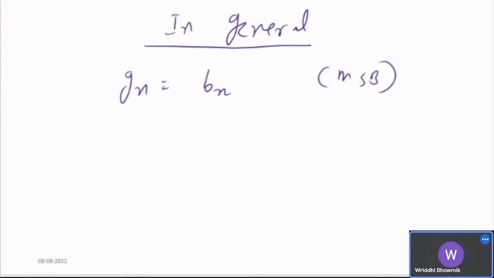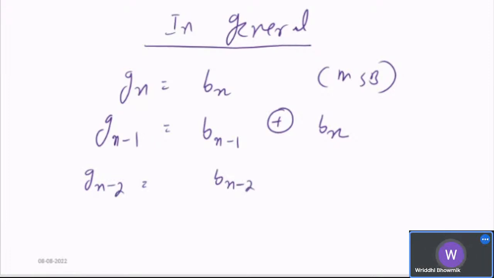Gn is equal to Bn. It is for the MSB. Gn minus 1, the next lower position, is Bn minus 1 exclusive or Bn. Gn minus 2 is Bn minus 2 exclusive or Bn minus 1, and so on, until G1 is equal to B1 exclusive or B2.